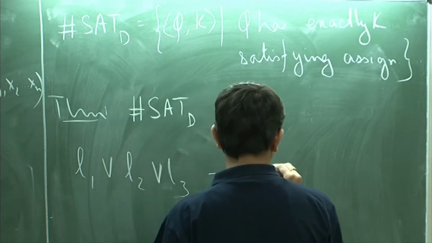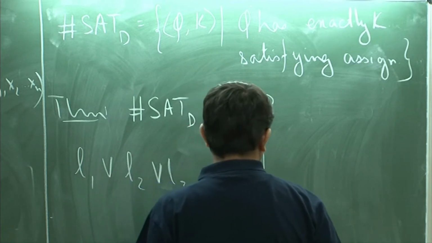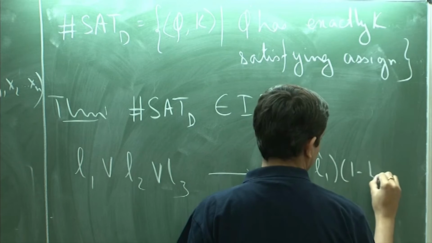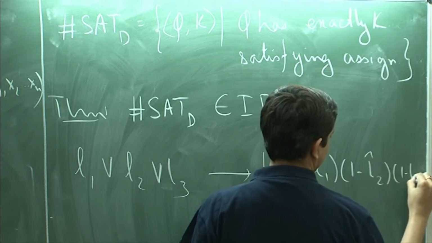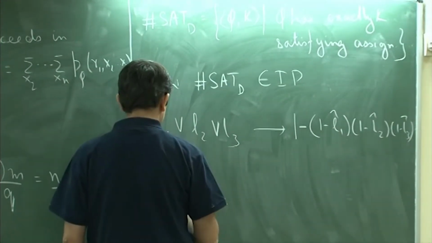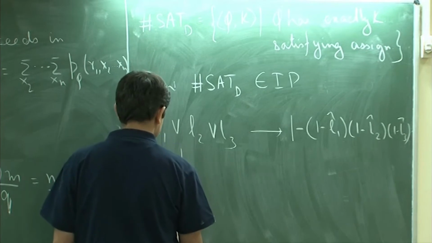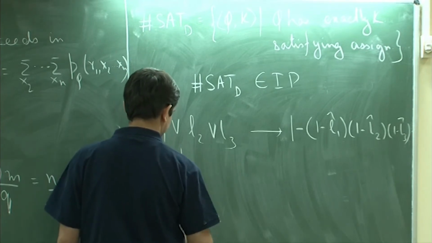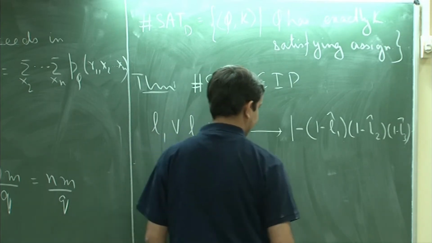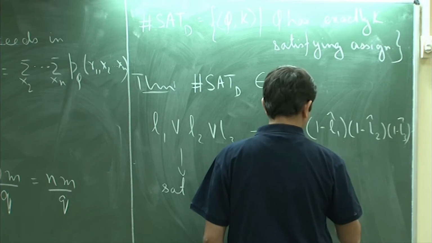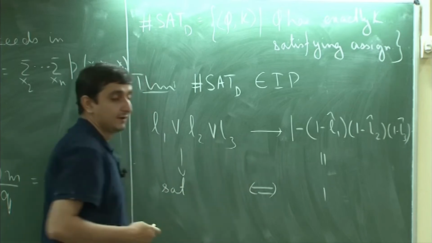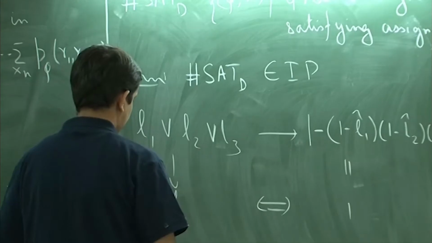We replace it with the polynomial 1 minus L1 hat, 1 minus L2 hat, 1 minus L3 hat. If this is satisfiable, then this evaluates to 1, and if this is not satisfiable, then this will evaluate to 0 from the definition.